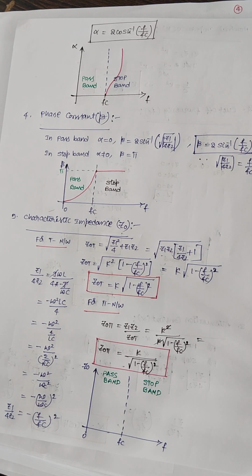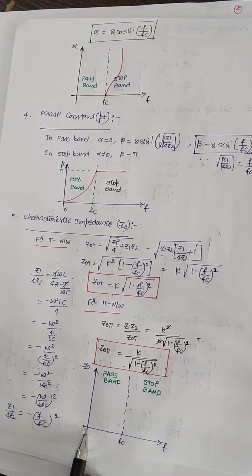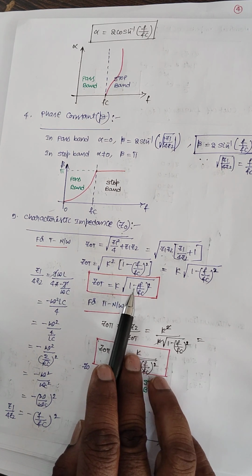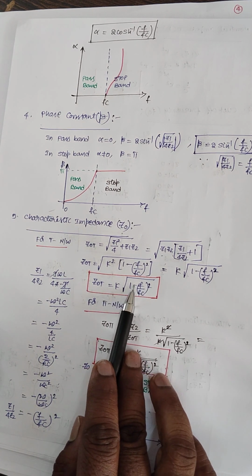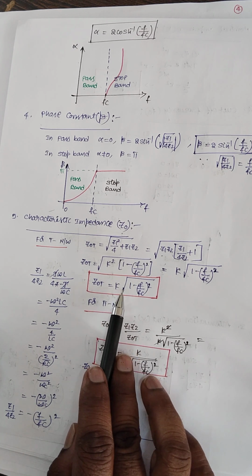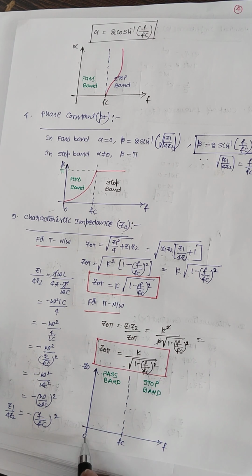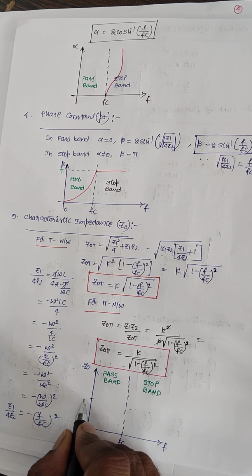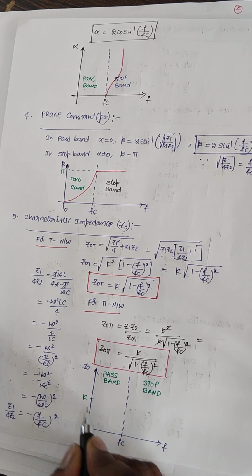If you draw the graph between the characteristic impedance and the frequency, then if F is equal to 0 and I substitute that in Z0T, the term is 0, so the square root of 1 is 1, that is K. So for frequency F equal to 0, Z0T will have the value of K.